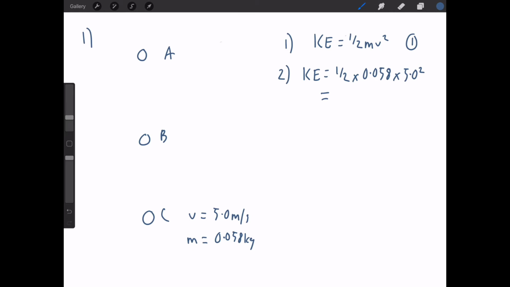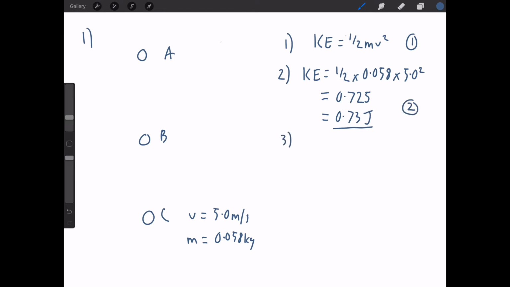Plug in the numbers and we get an answer of 0.725. Now, what we really should do is look at the significant figures. There's only 2 quoted in the information given in the question. So really I should be rounding this to 0.73. Don't forget units, this is kinetic energy, so we are in joules. And that is your next 2 marks.